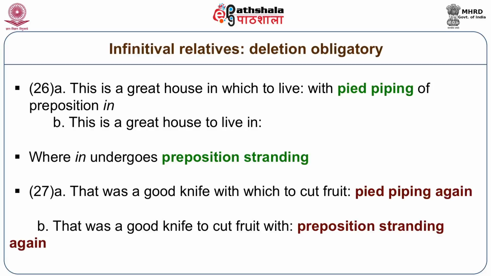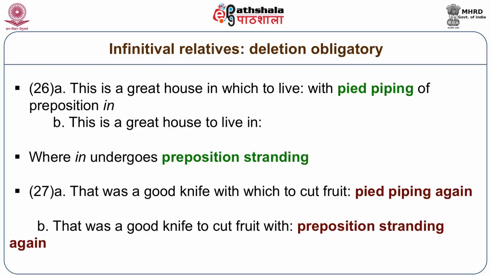If that expectation had been met, English would allow you to say a good knife to cut fruit with, or a good knife which to cut fruit with. English would have allowed you to say a nice house to live in, or a nice house which to live in. As you all know, English does not allow the variants a nice house which to live in and a great knife which to cut fruit with.